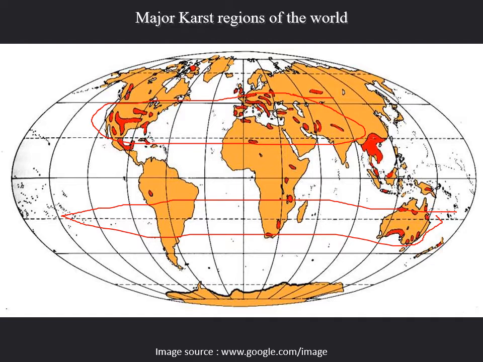So here precipitation will occur sufficiently, and those regions are more susceptible to forming karst landforms where there is ample precipitation, that is where there is humid condition.